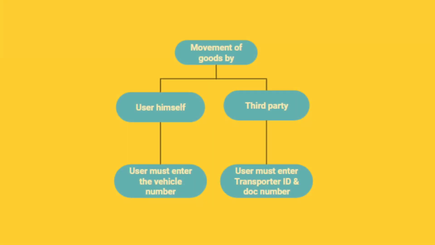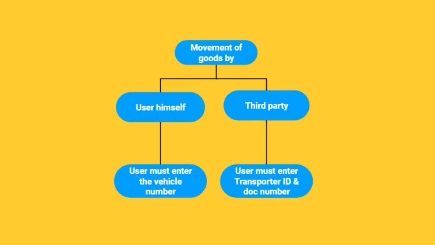Before we proceed, note that if the goods are being moved directly by the user himself, then he can enter the vehicle number without entering the transporter details. If a user is carrying out transportation through a third party, then he will generate the e-way bill by entering the transporter ID and transporter document number as well as the date given by the transporter.